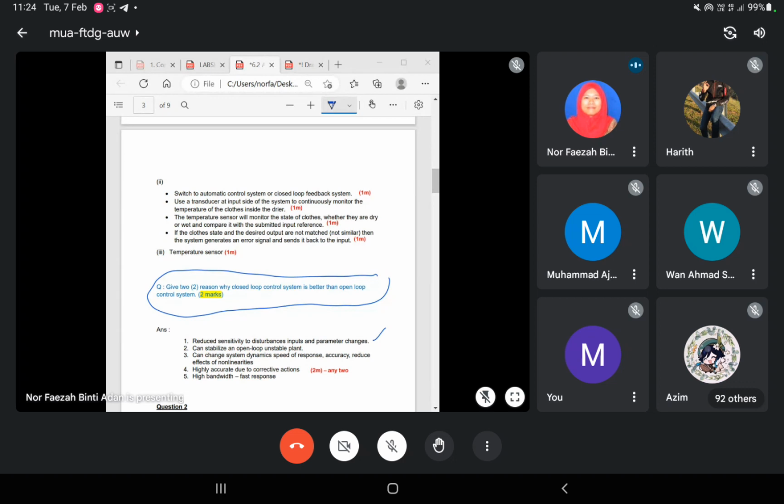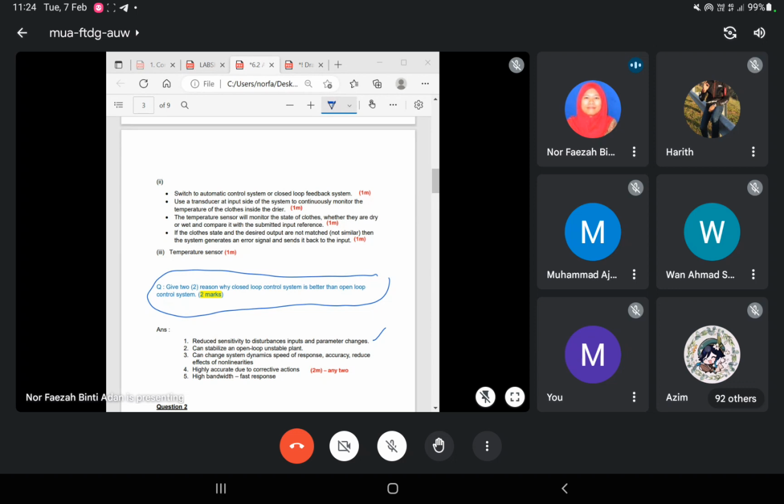Kenapa costing? Because it has less component, less maintenance, so it reduces the overall cost lah.